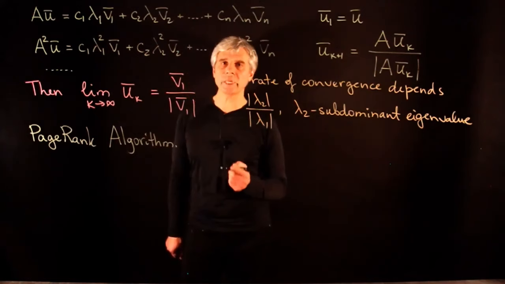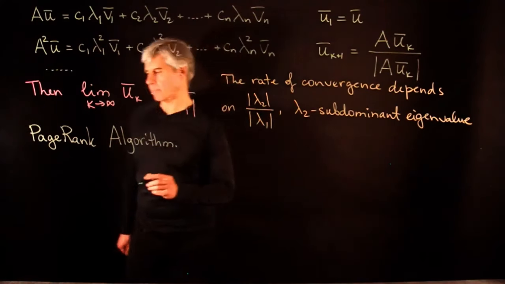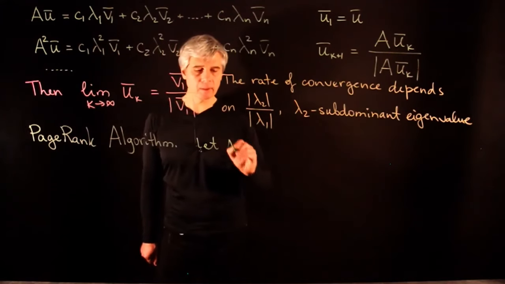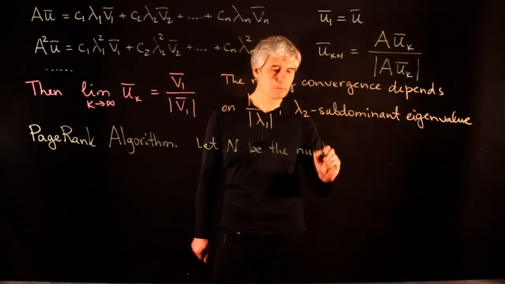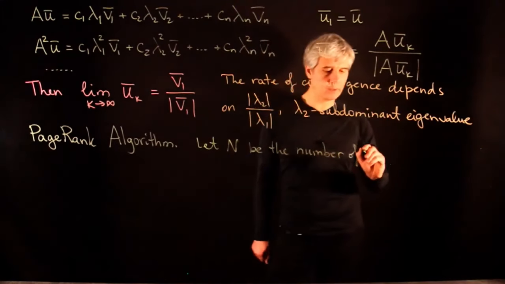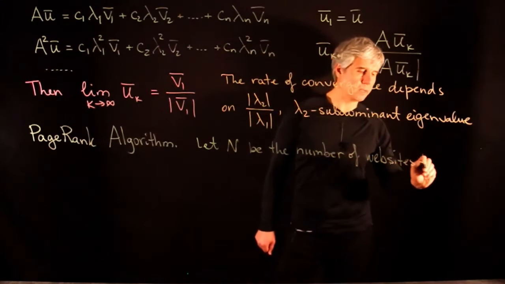How can we calculate these probabilities? We construct the following matrix. Let n be the number of websites to rank.